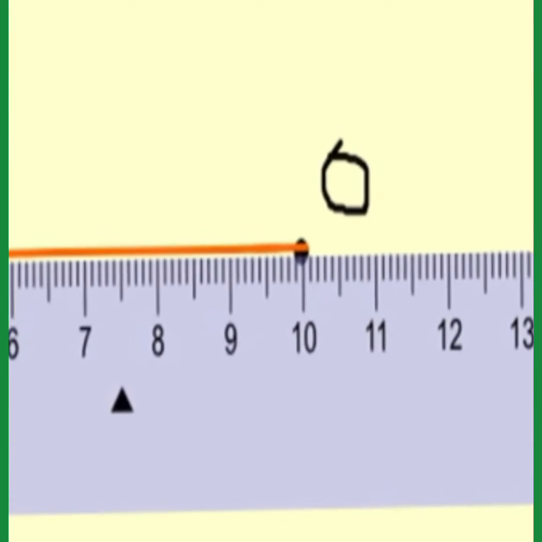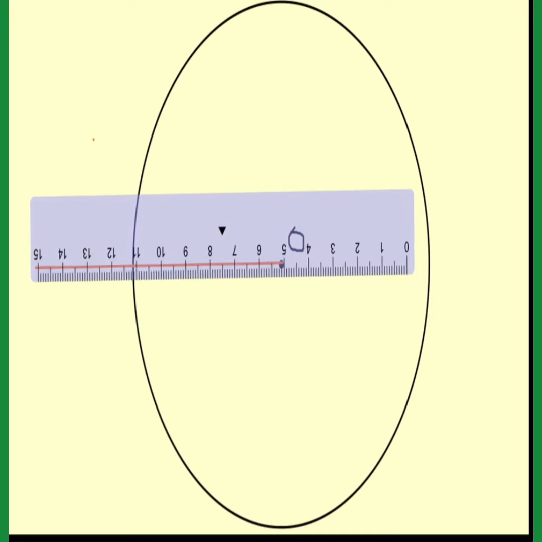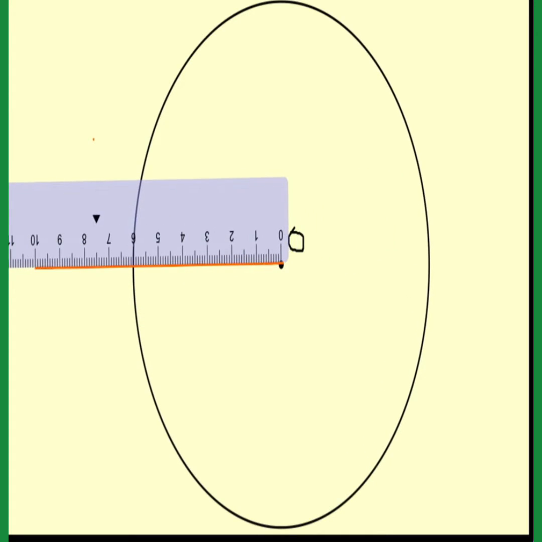So you can see that this is a line segment of 10 centimeter from the center. According to the question you will take a point 10 centimeter away from the center. Now you can mark this point as P.